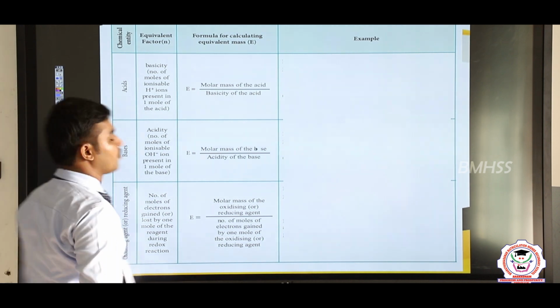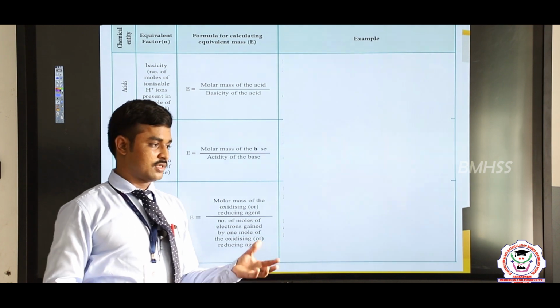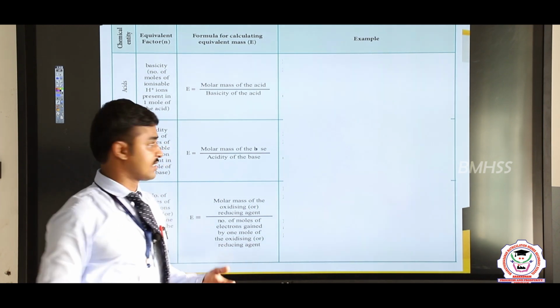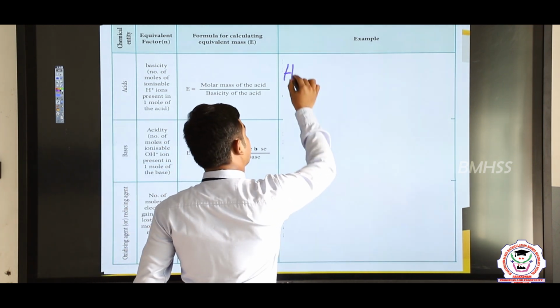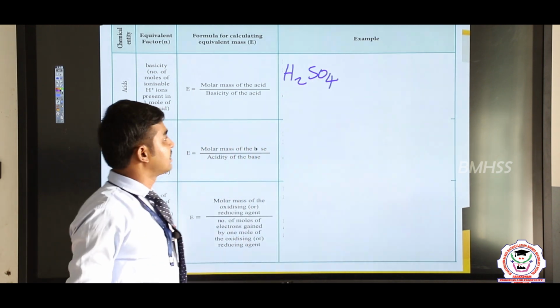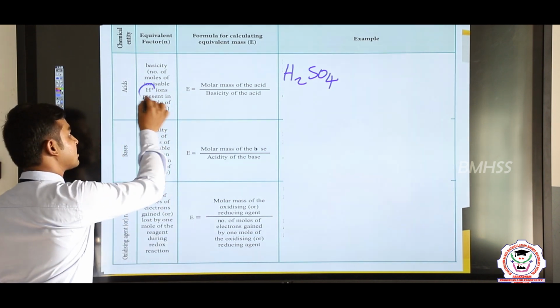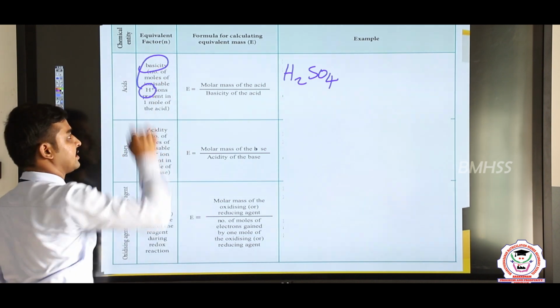For example, one of the concentrated acids, the king of acids, is sulfuric acid, H2SO4. Sulfuric acid has 2 hydrogen ions. The number of H plus ions is the basicity.